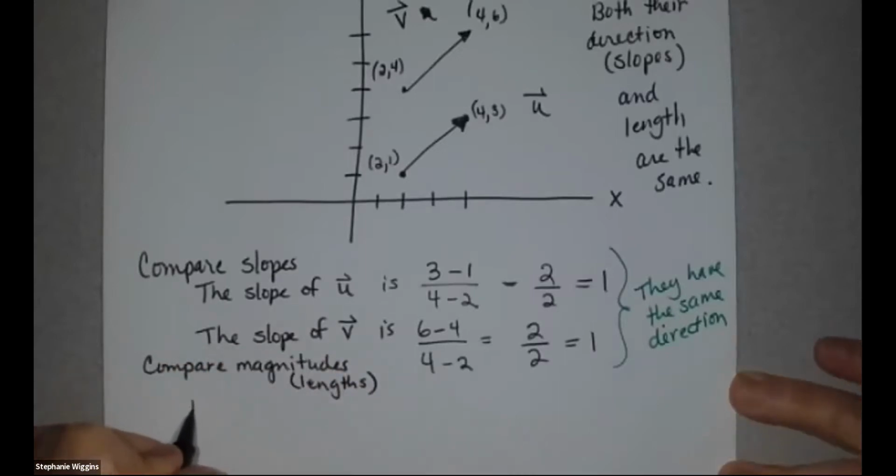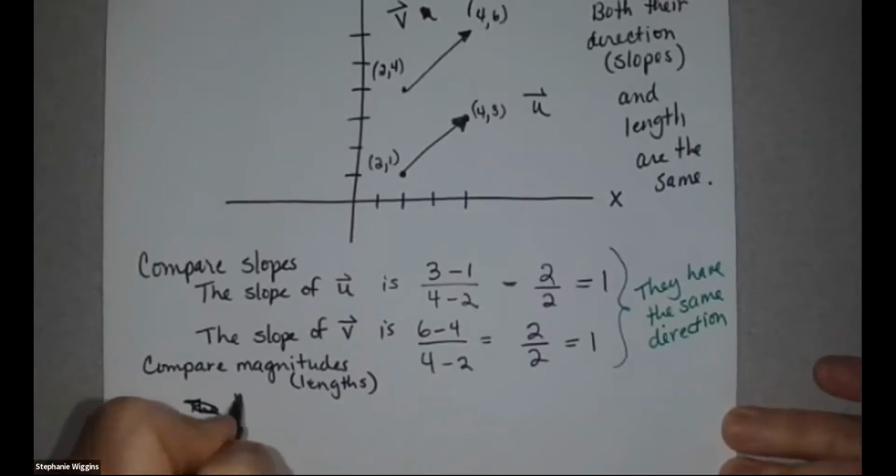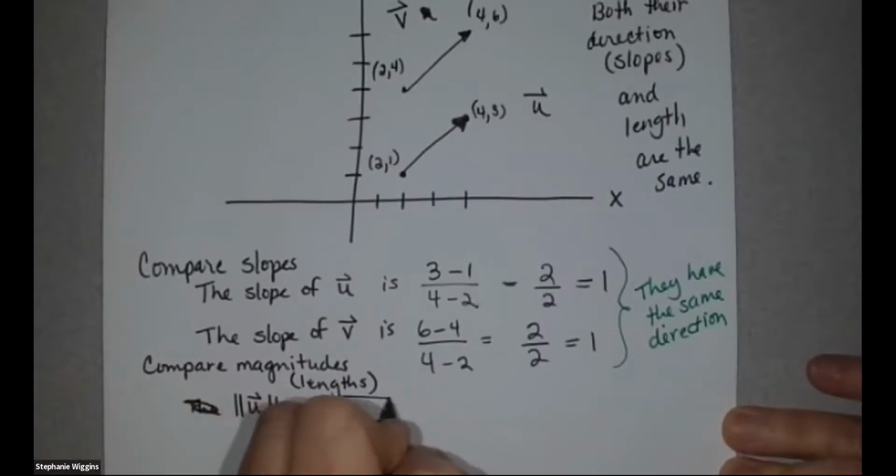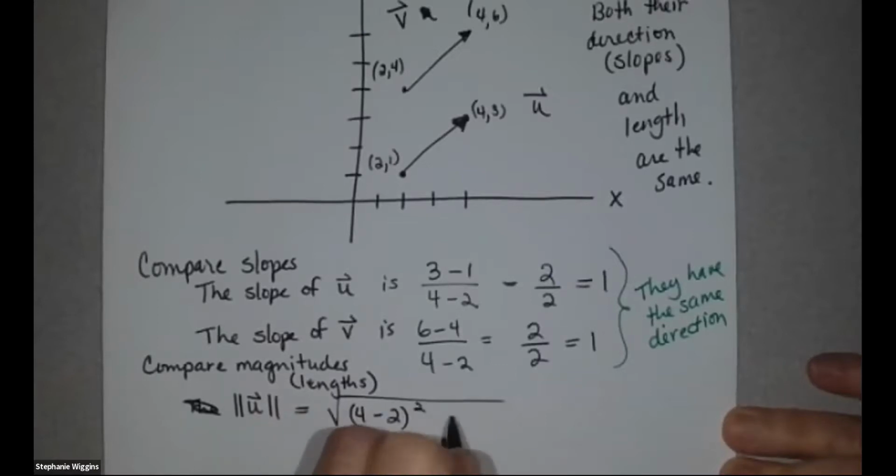And so the way I draw that is I use the double lines. So the magnitude of u is the square root of 4 minus 2 squared plus 3 minus 1 squared.